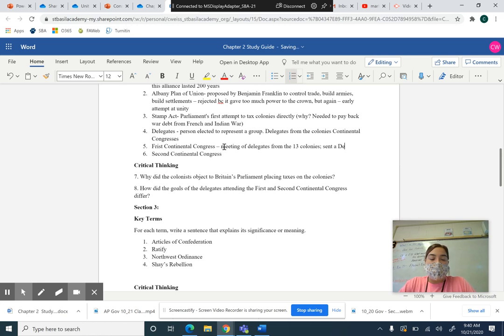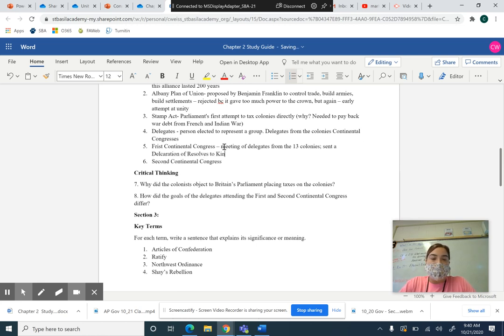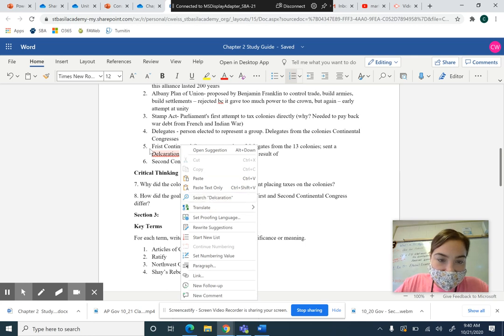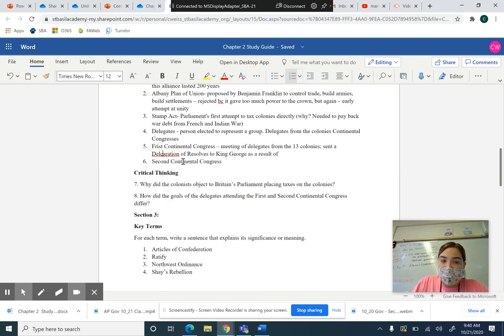They sent a Declaration of Resolves to King George as a result of what? Excellent, the Intolerable Acts. Basically asking him to repeal the Intolerable Acts. We're going to put KG for King George. King George rejects the plan.